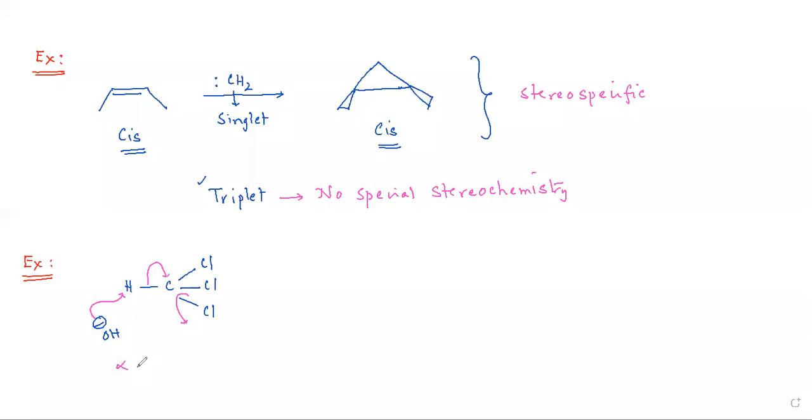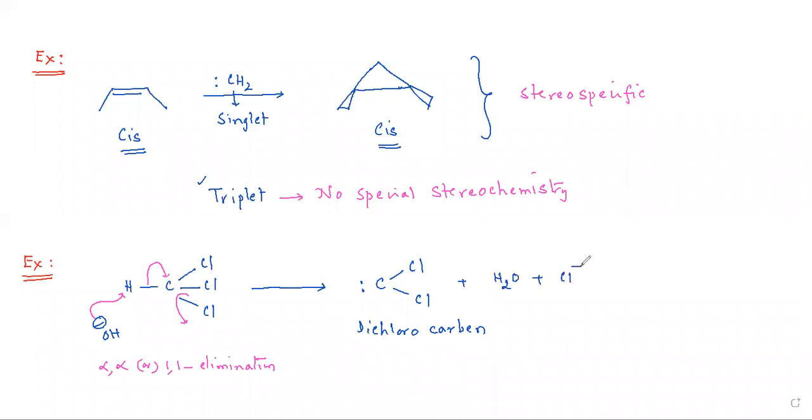Let me call this alpha alpha or 1 1 elimination. We have seen this. The basic classification gives us alpha, beta, and gamma eliminations. Now, as and when the OH minus subtracts the H plus, we get this called dichlorocarbene. This is dichlorocarbene. Along with that, you get water, then Cl minus.